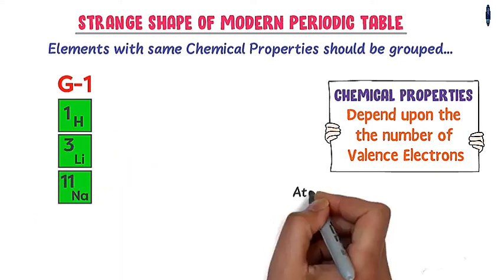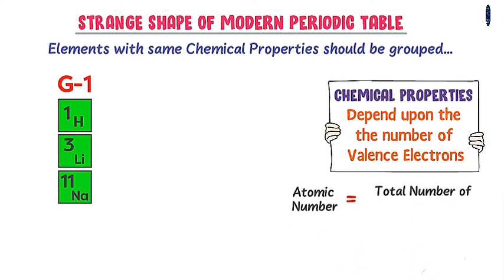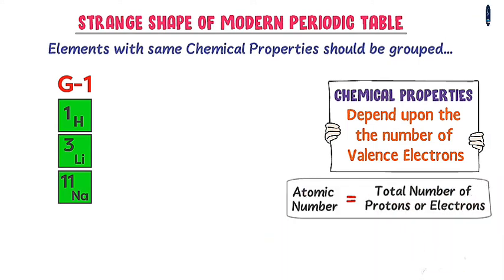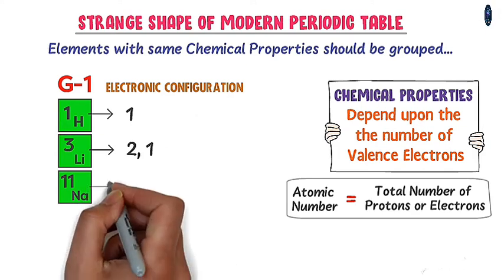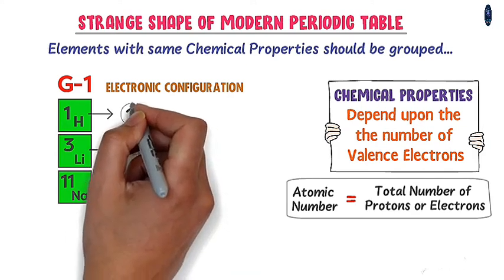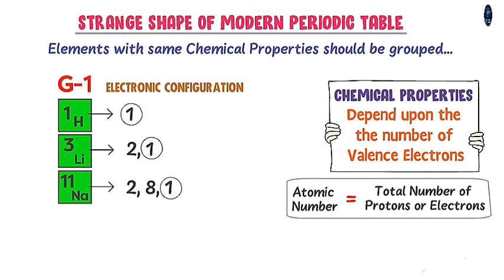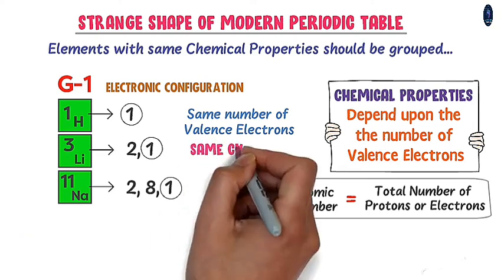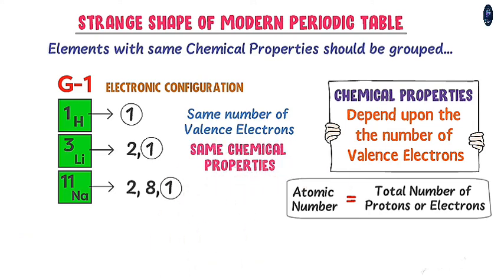We know that the atomic number is equal to the total number of protons or the total number of electrons. So the electronic configuration of hydrogen is 1, the electronic configuration of lithium is 2,1 and the electronic configuration of sodium is 2,8,1. We can see that these three elements have the same number of electrons, or 1 electron, in the outermost shell. So they also have the same chemical properties. Thus Moseley placed these three elements in the same group, or first group.